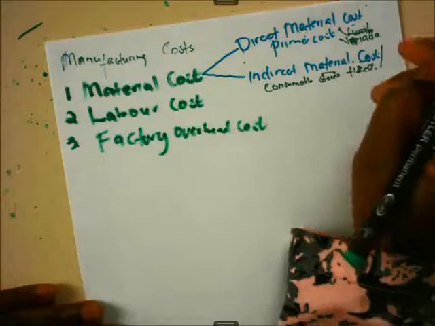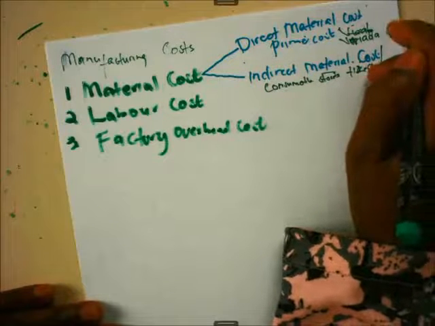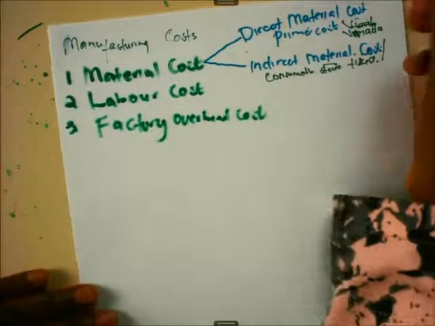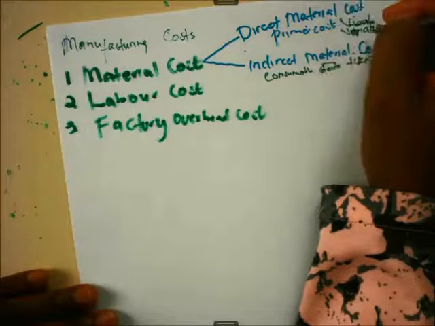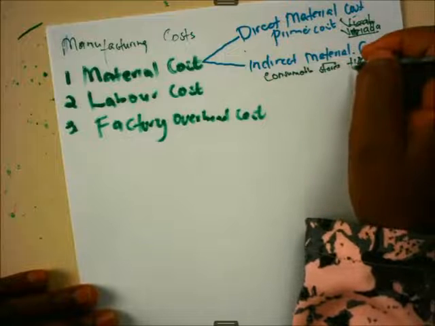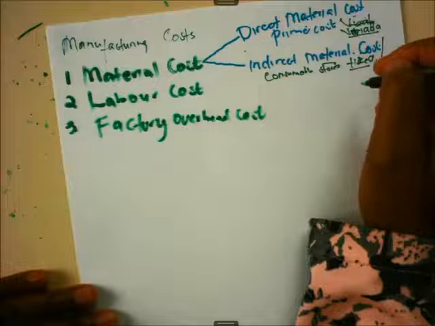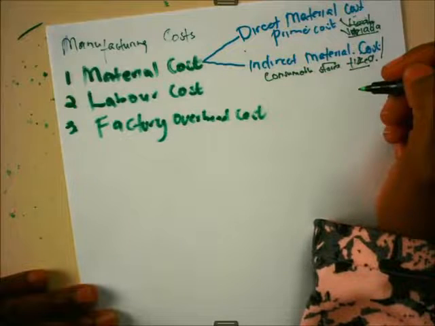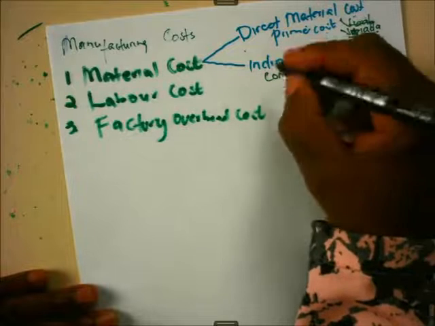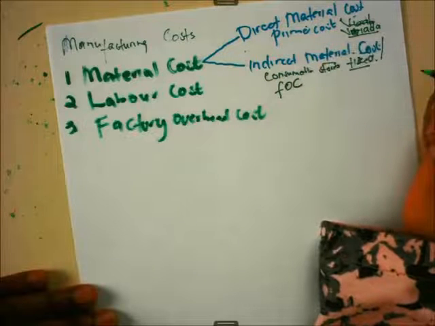They remain constant irrespective of how many products were produced. Do not forget I said the direct materials are variable, but these are fixed costs. Because they are fixed costs, they will be classified under the factory overhead cost.